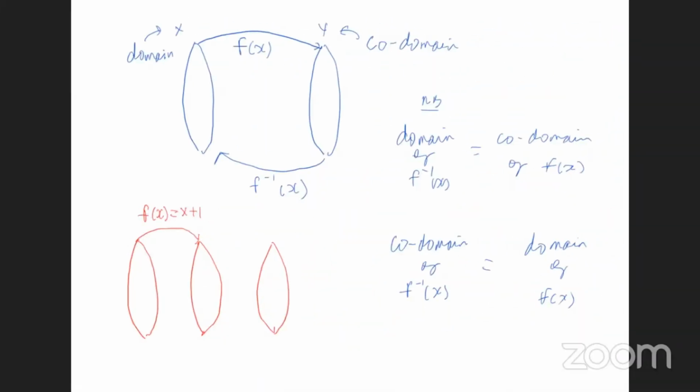So take a look at the red part underneath. Let's pretend I gave you a function, f of x is x plus 1, and I wanted to get the image of 2. What's the image of 2? 3, so that'll be 2 plus 1, which is 3.